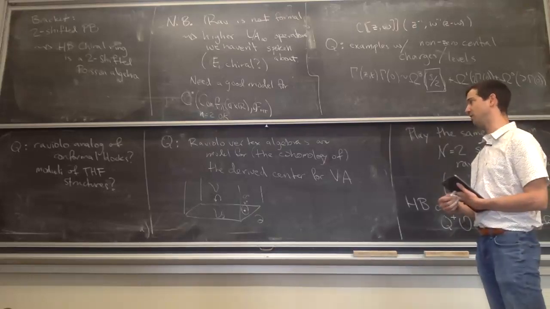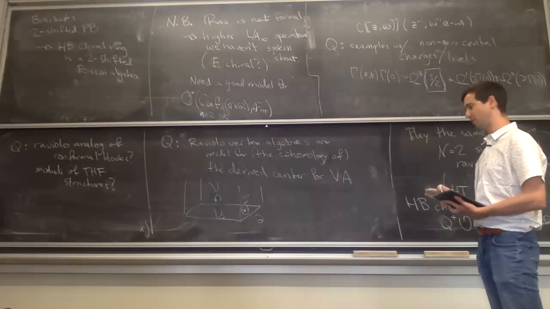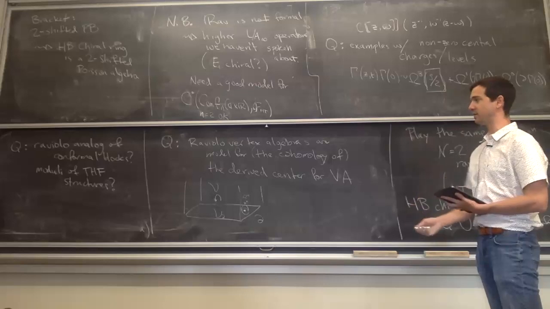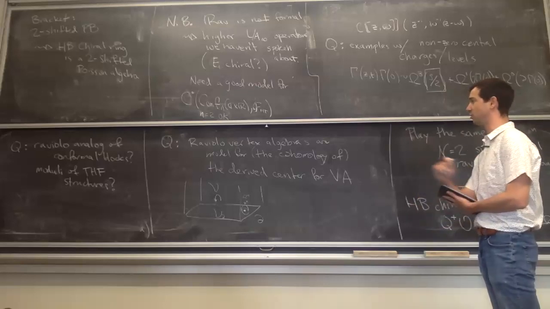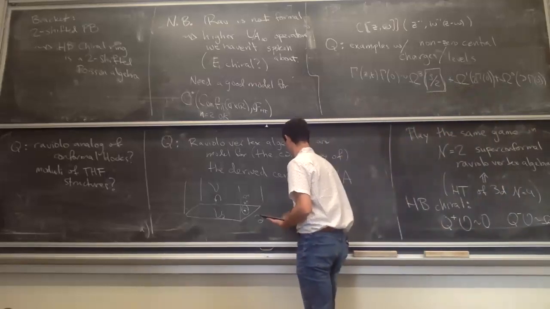So chiral algebras and vertex algebras are, I don't know if they're entirely equivalent, but they are meant to be just two different ways of describing local operators in a holomorphic quantum field theory in two dimensions.